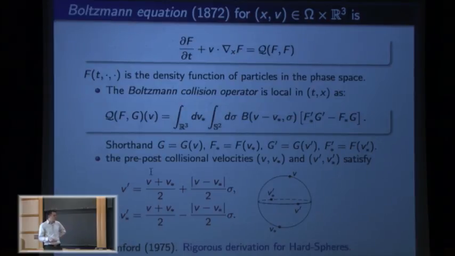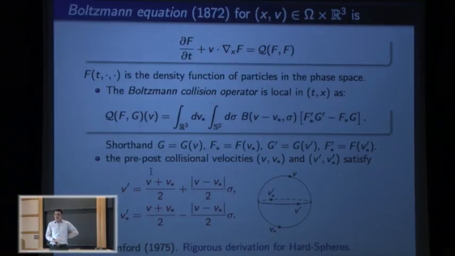You have subsequent results by other people, in particular Illner and Pulvirenti, about deriving the Boltzmann equation for initial data near zero globally in time. This is a huge field. I can't describe it in any detail, but you can derive the equation in some sense.